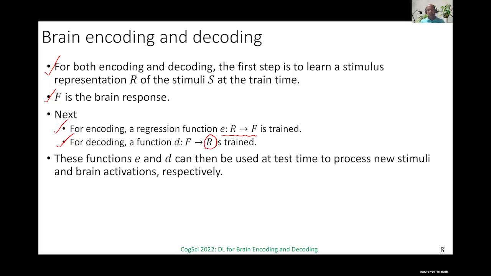But what people commonly do is to learn a representation R of the stimuli rather than guessing the original image or the text or the original paragraph. So these functions E and D can then be used at test time to process new stimuli or new brain activations, as the case may be. So that's brain encoding and decoding.